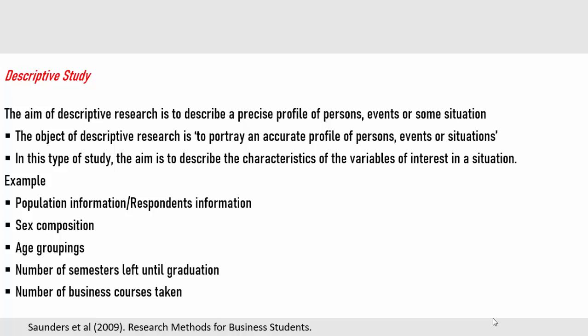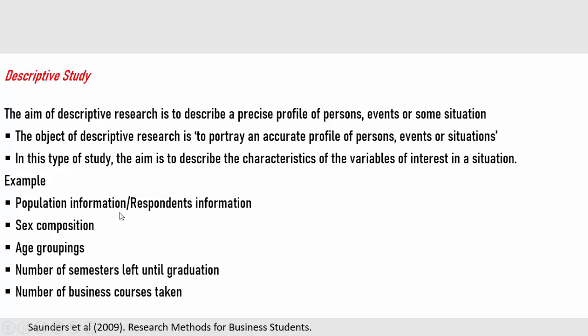The descriptive study is conducted when you need some descriptive information about persons, individuals, the organization, situations, events, or some groups of people. The object of descriptive research is to portray an accurate profile of persons, events, or situations. In this type of study, the aim is to describe the characteristics of variables of interest in a situation.